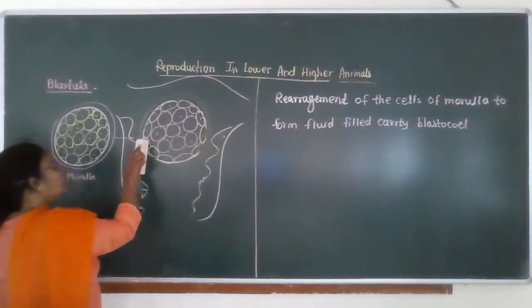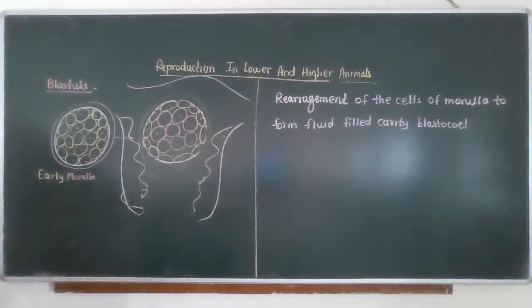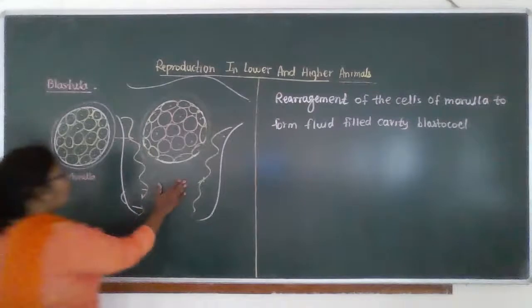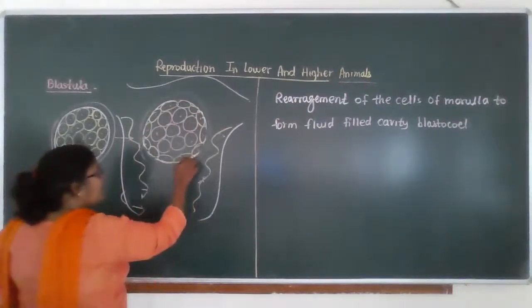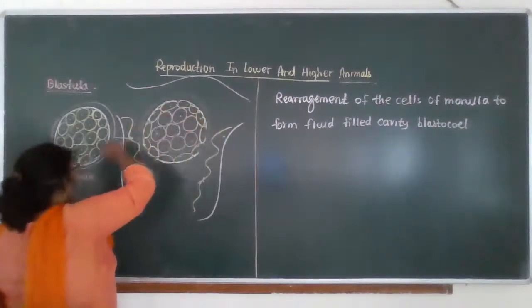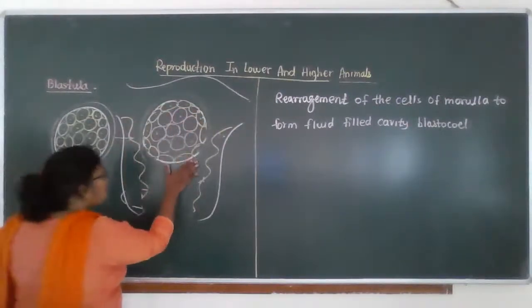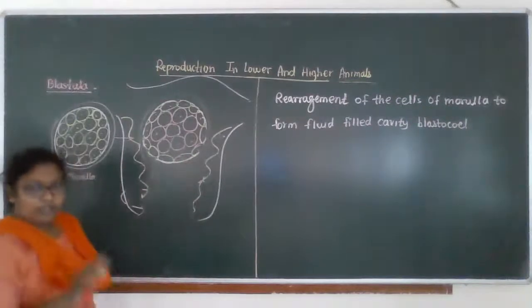So the cells forming the outer layer of the morula get exposed to the uterine fluid. Clear?